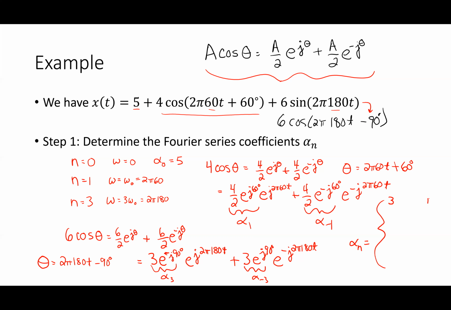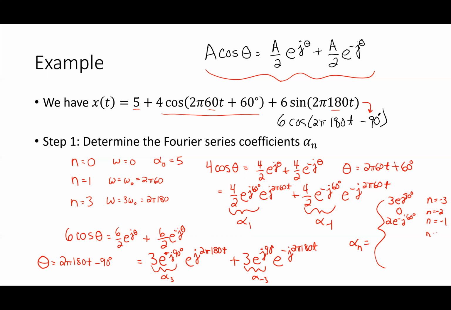At n equal to minus 3, I have 3 e to the j 90. At n equal to minus 2, we didn't have a second harmonic, so I'm going to set that to 0. Then at n equal to minus 1, it looks like I have 2 e to the minus j 60 degrees.